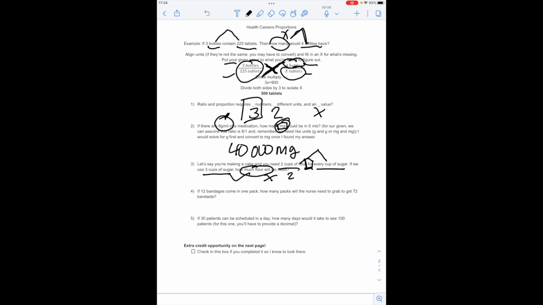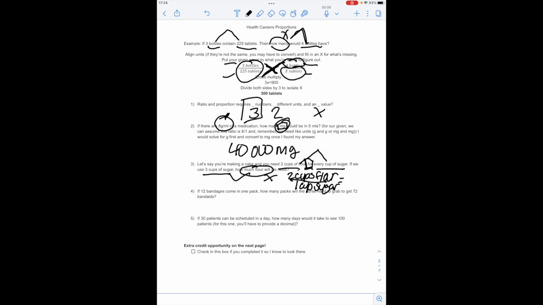So I'm going to write 2 cups flour in whatever kind of format I gave my given. I need to follow that with what we're trying to find. So here I put cups of sugar on the bottom.